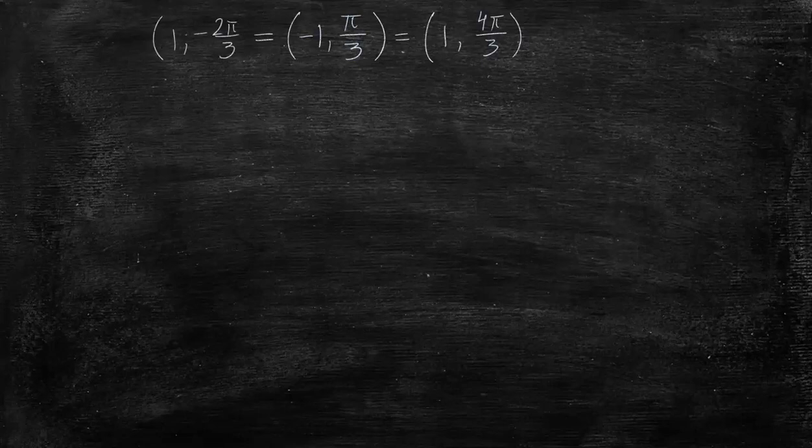Let's take a closer look at the point 1, -pi over 3 and rewrite it alternatively as 1, 4 pi over 3, or another alternative was we wrote it as 1, -2 pi over 3. It appears that these are not the only ways for us to write the coordinates of this point. So let's take a closer look at what's going on.